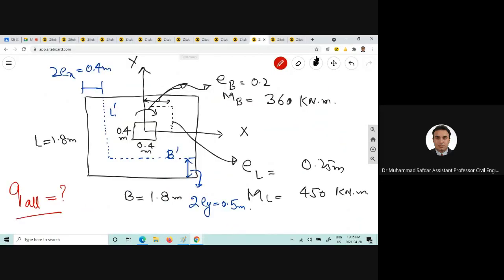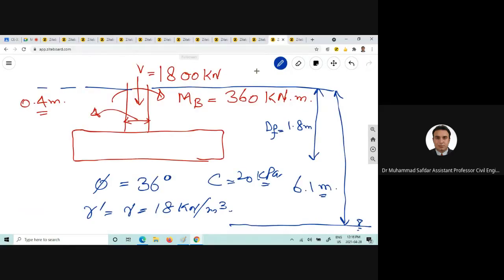Again, eccentricities are given, moments are given, length and width of the foundation is given, the effective length and effective width of the foundation is also given. Now the vertical load, depth of the footing, and shear strength parameters, unit weight information, and the location of the water table is also given.